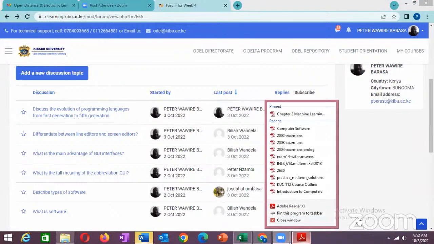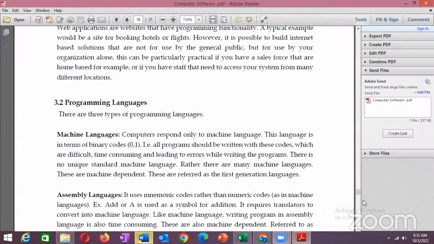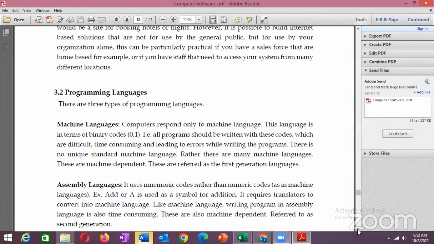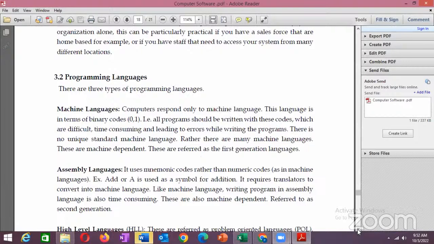So I've put it in the forum so that you discuss the evolution of programming language, starting from the first generation to the fifth generation programming languages. So at this juncture, we are looking at the 3 types of programming language. You have the machine language. Computers respond only to machine languages. This language is in terms of binary code 0 and 1.